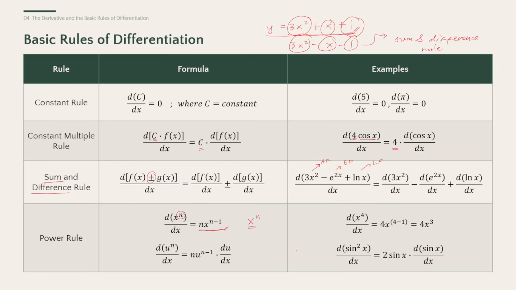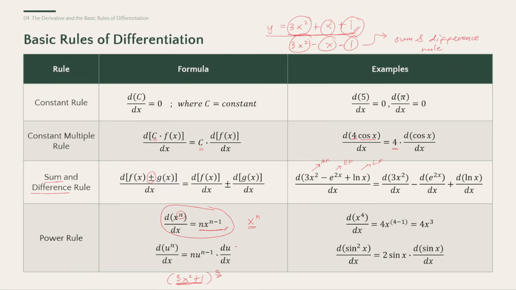Okay, but sometimes there are whole functions. For example, we have 3x squared plus 1 raised to 3. This is a function raised to 3. And in this case, the first formula cannot be applied.